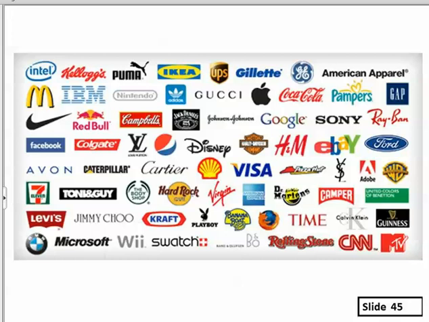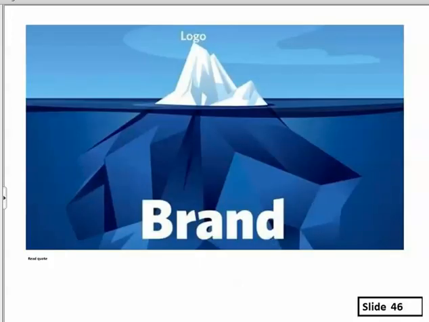Or eBay elicits a totally different picture, but you know exactly what it is. What you're looking for in a logo is for someone to understand completely the particular business that logo represents. But the logo is just the tip of the iceberg.